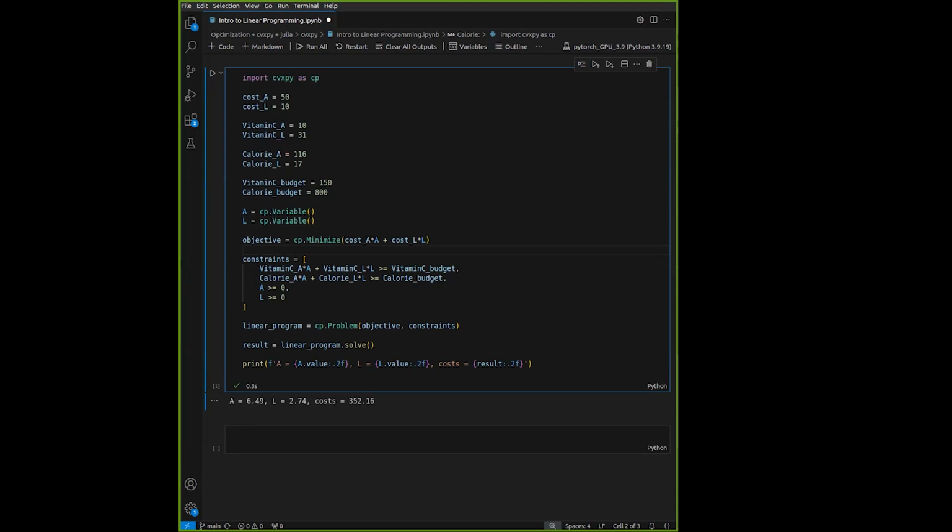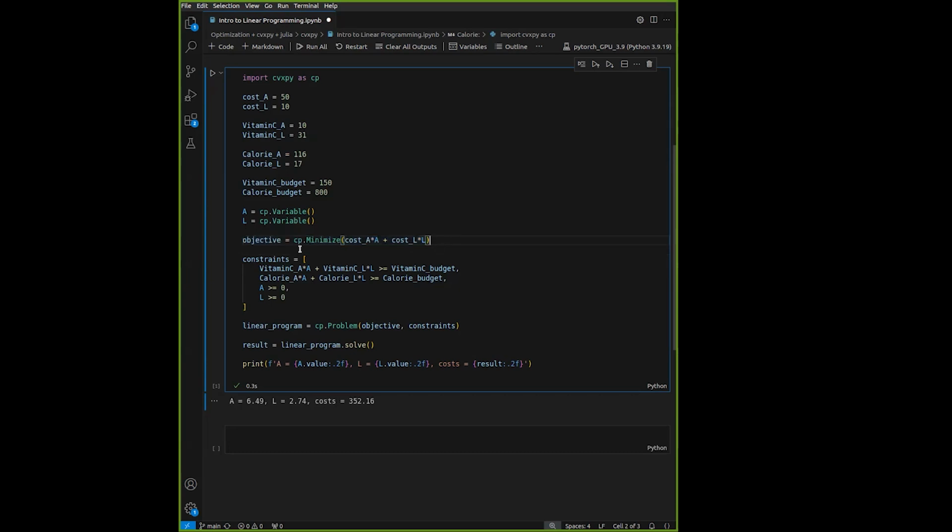We had seen this objective function, right? It is to minimize the total cost, the sum of the cost of apples and the cost of lemons. So our objective is cp.Minimize, because I want to minimize the cost. The total cost is the cost of one apple times the number of apples plus the cost of one lemon times the number of lemons. This is called an objective.